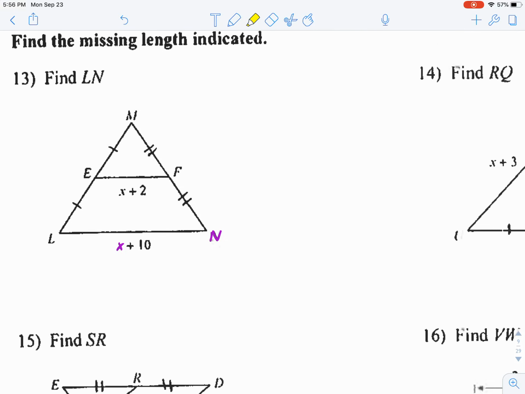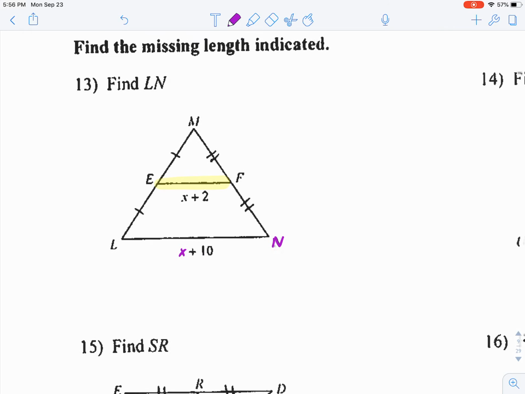In this picture, EF is my mid-segment. We learned that the mid-segment, EF, is parallel to the third side. This is what the theorem told us. So EF is parallel to LN.